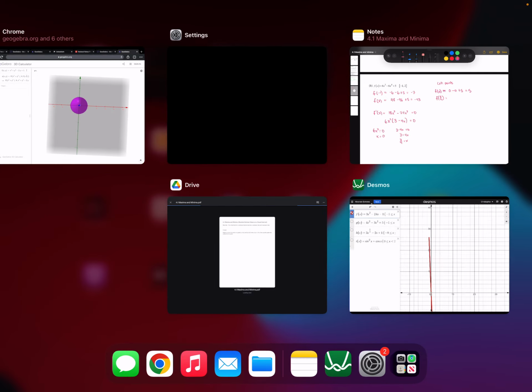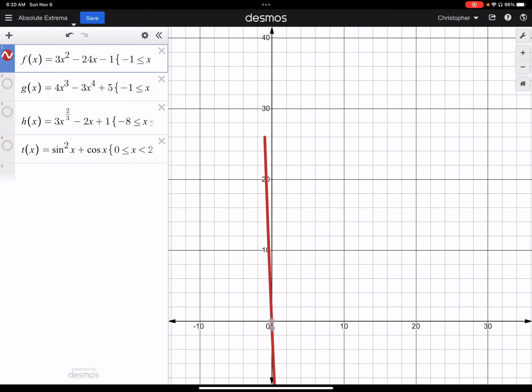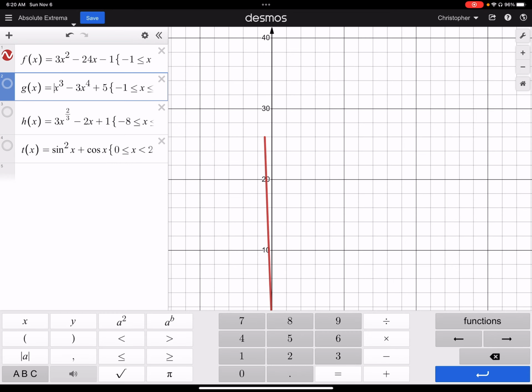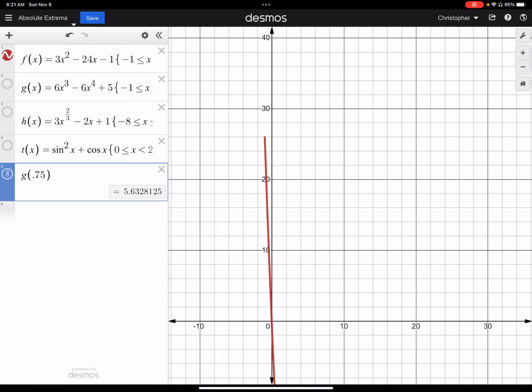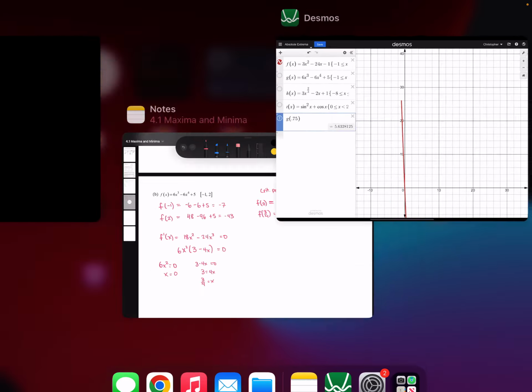Let's hop over into Desmos. Oh, I didn't put the right function. That should be 6x cubed minus 6x to the 4th. And we need to do g of 0.75. It should give us that as a decimal if you want it. Yeah, so 71 over 128, I think 5.63 makes more sense.